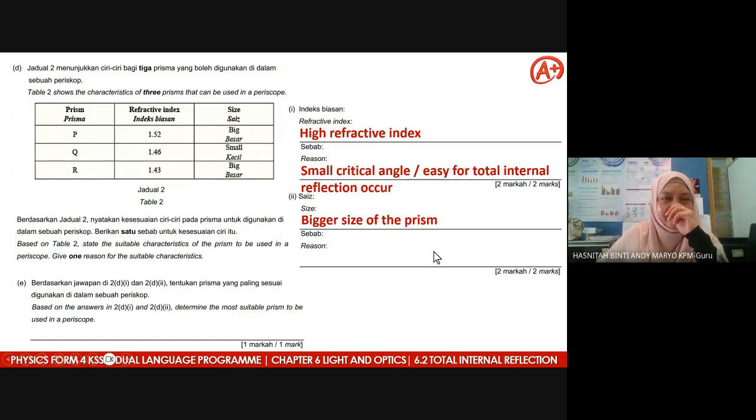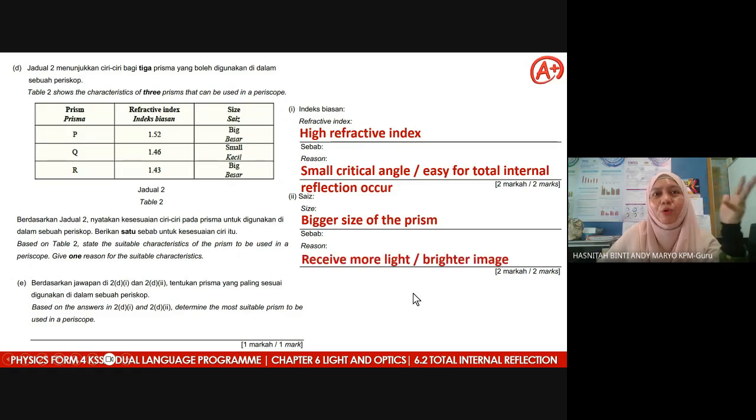Why bigger? The bigger the size, the more light will enter. More light will enter the prism, or you can say the prism will receive more light. When more light enters, it will produce a brighter image. So which one is the better choice, P, Q, or R?